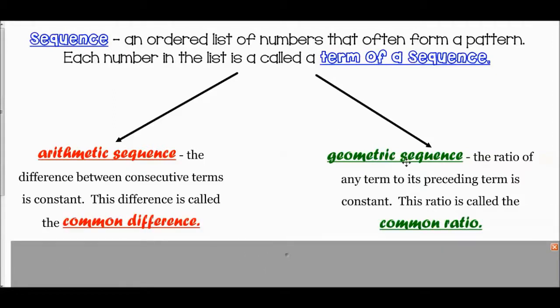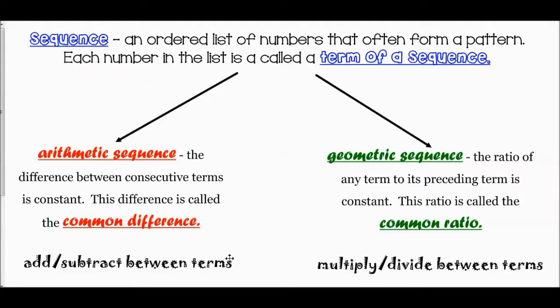With a geometric sequence, the ratio of any term to its preceding term is constant, and that's called the common ratio. So basically, to boil those down, arithmetic sequences, this is where you're adding or subtracting between terms. And a geometric sequence is when you are either multiplying or dividing by terms. So that common ratio is what you're multiplying or dividing by. The common difference is what you are adding or subtracting between your terms.